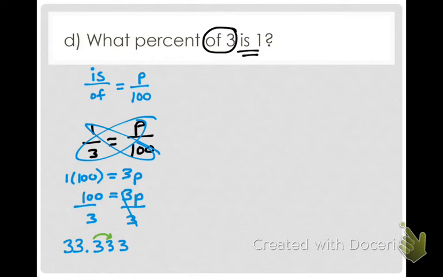No. So what's my answer to the nearest tenth? 33.3%. That's where a lot of people forgot to tell me the answer is a percent. So that would equal your P. 33.3% is the percentage of 3 that is 1. How many of you actually got that correct with the percent sign and rounding correctly? Fantastic job.